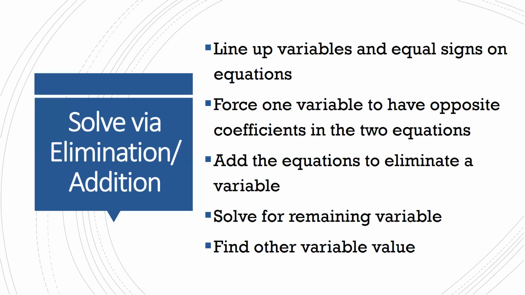Once we have opposite coefficients on one of the variables, we add the equations together. That eliminates a variable. We solve for the remaining variable, and then we find the other variable. And we just saw that finding the other variable may mean that we do another elimination on the other variable, right?